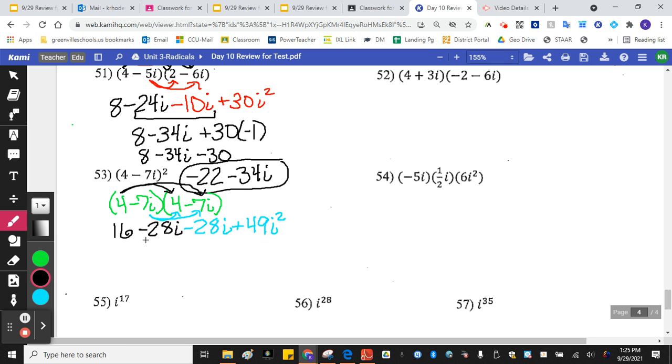Combine like terms. 56. Sweet. 49. i squared is negative 1, so that's minus 49. And if I were you, I'd probably skip this step, but I want to show all the steps so that you know where everything's coming from.